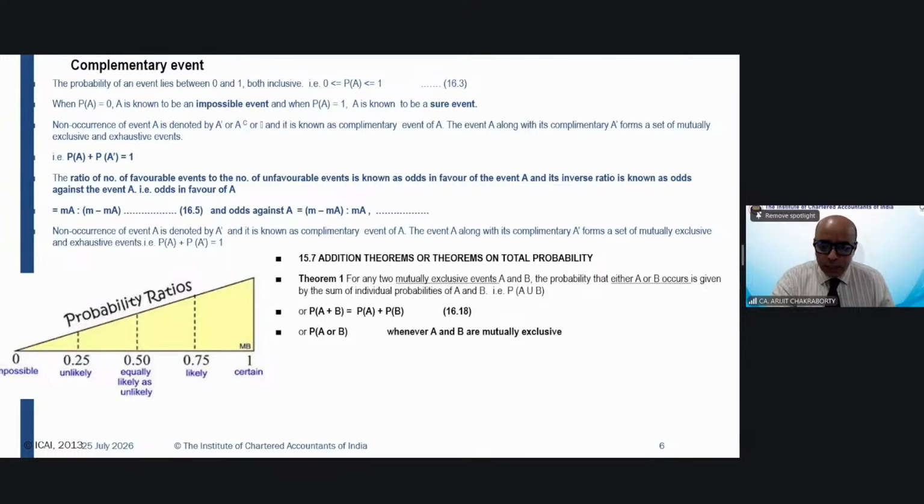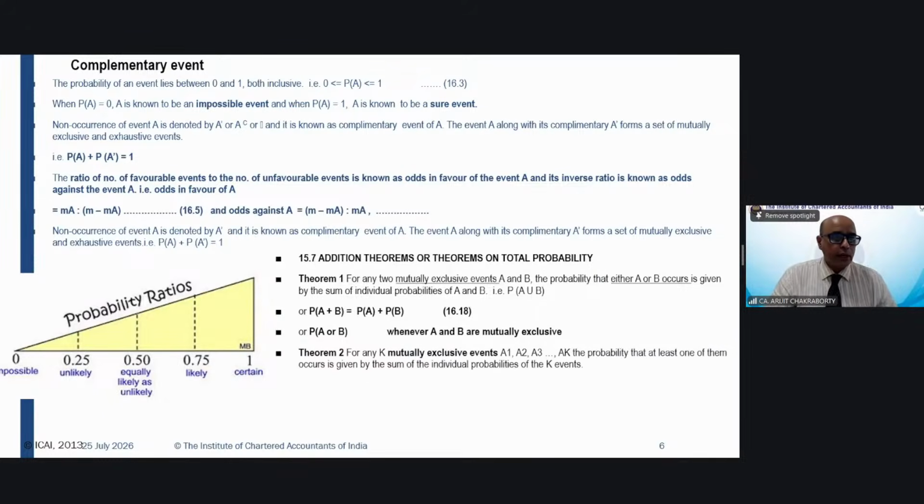That means P(A+B) is equal to P(A) plus P(B). This is going to hold good only when A and B are mutually exclusive.